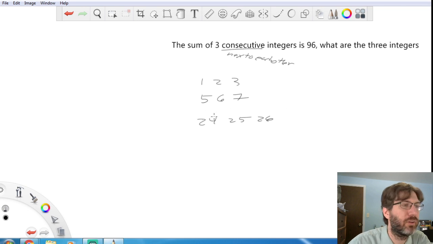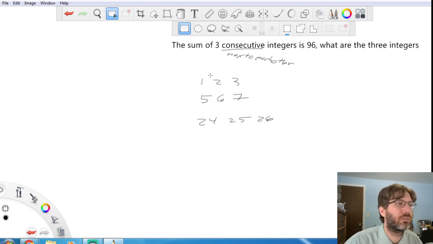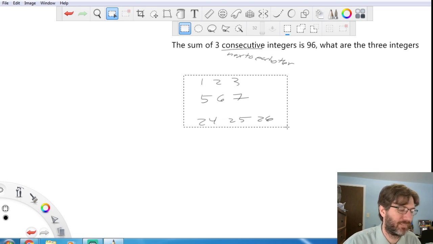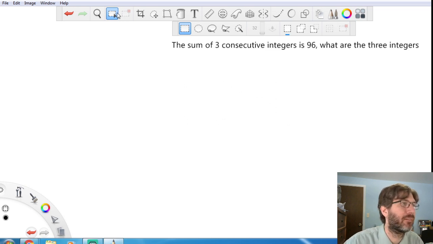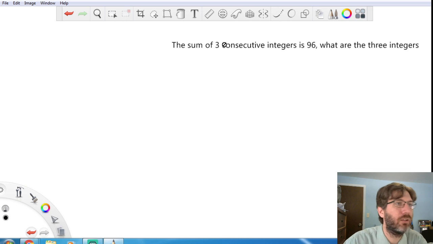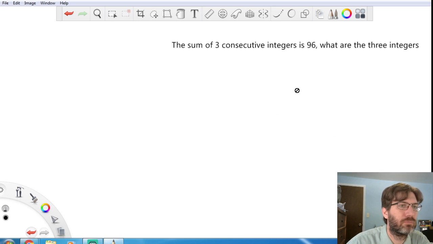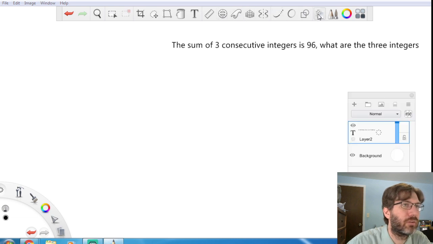So they have to be the numbers right next to each other when they come to integers. I didn't delete it. So those are your consecutive integers. I screwed up the layers.